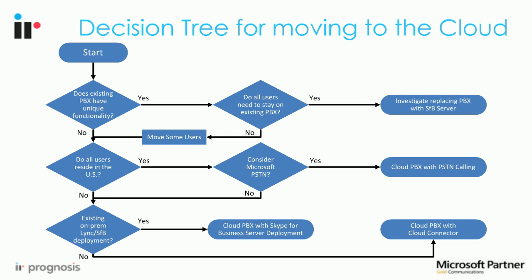What if you do not have an on-premises deployment of Lync or Skype for Business? At that point in time, you can use what we call the Cloud Connector Edition, which is a set of 4 VMs that you can deploy, which will help you get that PSTN connectivity from your on-premises to the Cloud PBX.